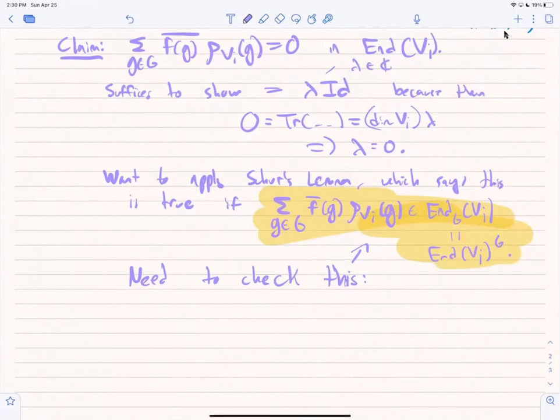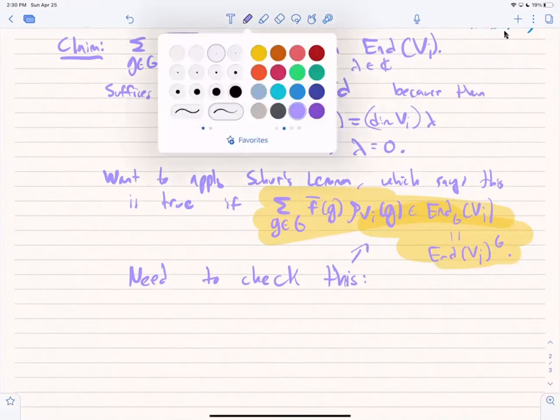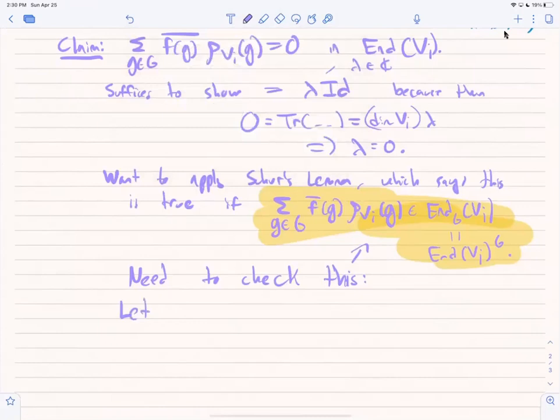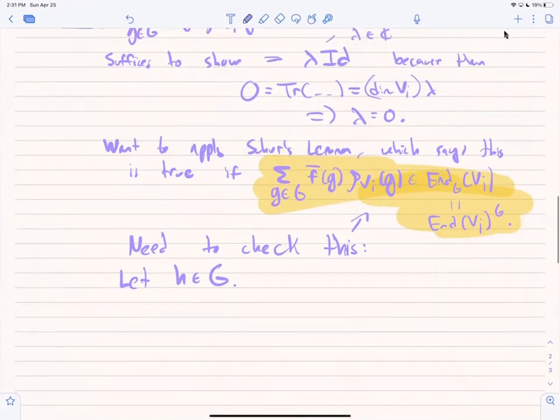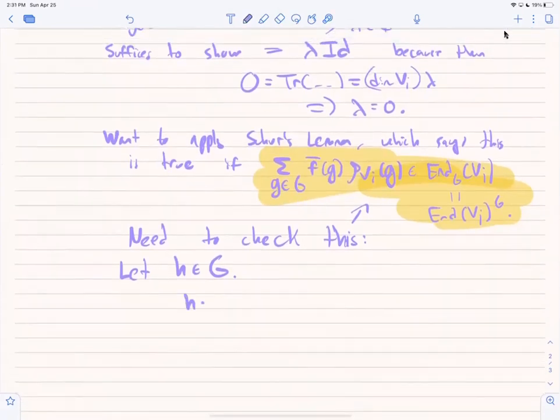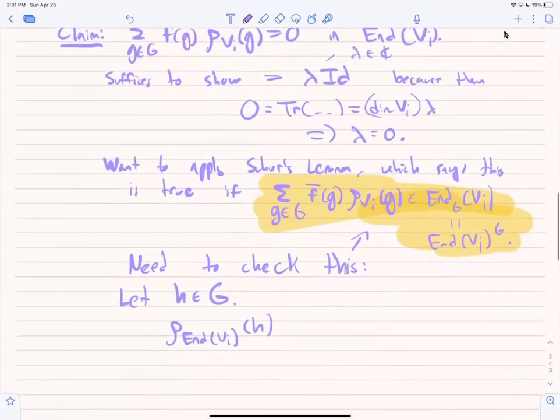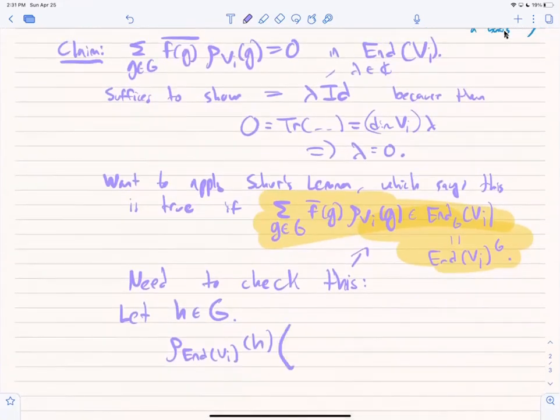So let's just take some element, let's call it h, in G, and then we're going to check that this sum is invariant under it. So the action of h on this space of all endomorphisms of Vi, applied to the sum over g in G, applied to the element we're looking at.